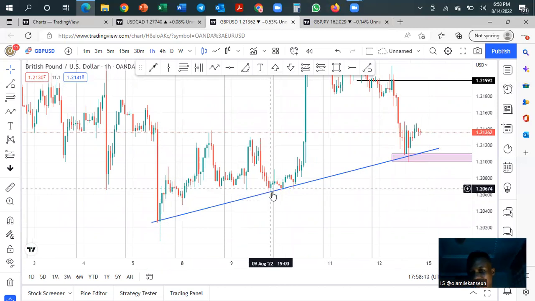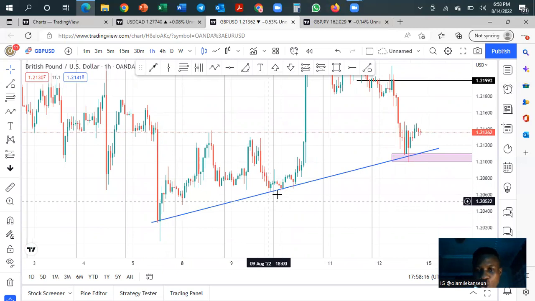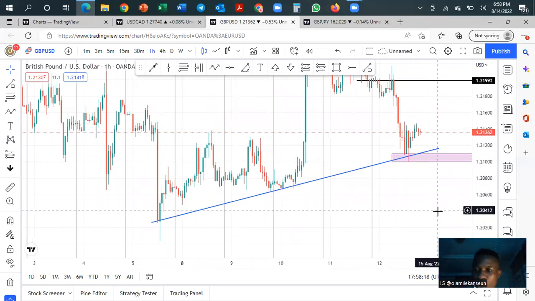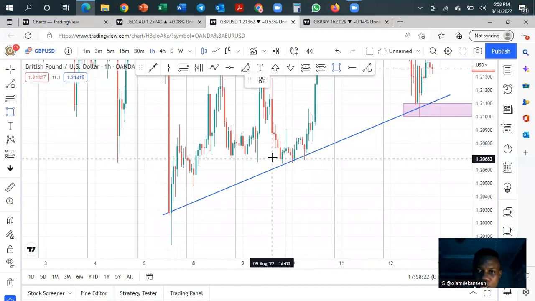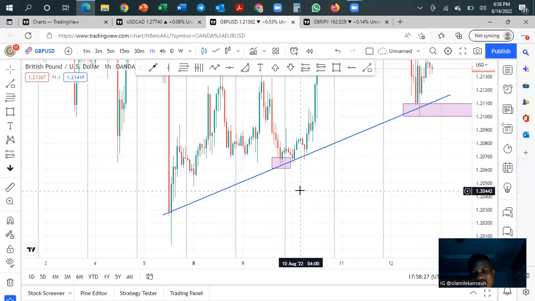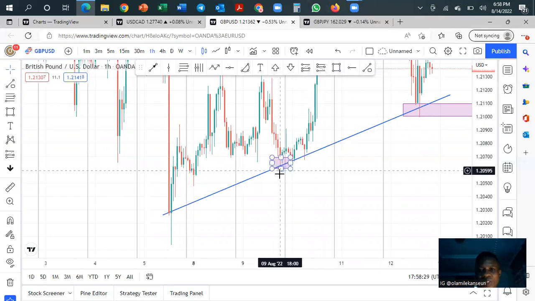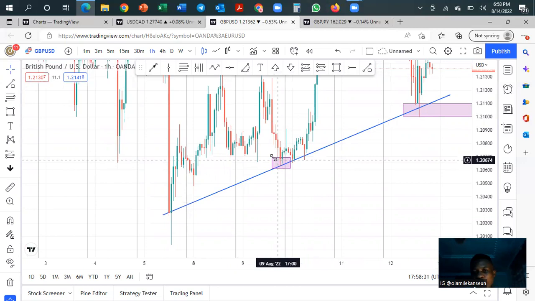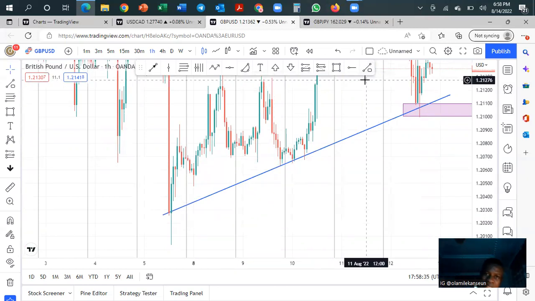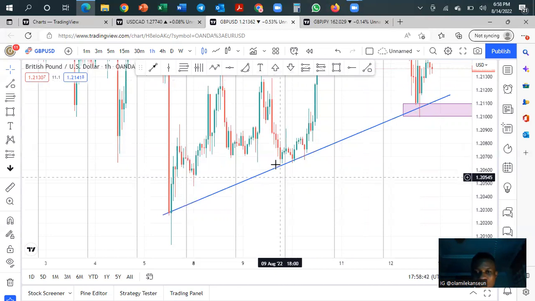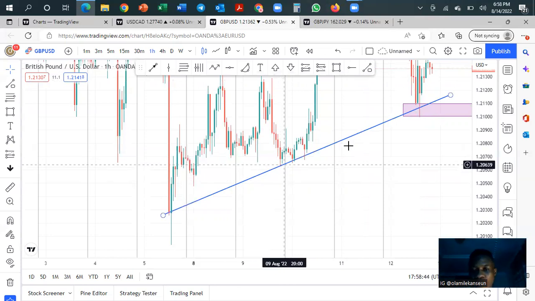To me, these are second touch, because once you go on a lower time frame, you can see a wick here. But once you go on a lower time frame, you see that this wick created something. So we don't need to waste much time on that. Just know that any wick you see on a higher time frame did something on the lower time frame. So I would count this as my second touch.